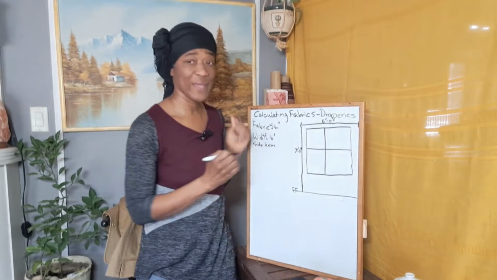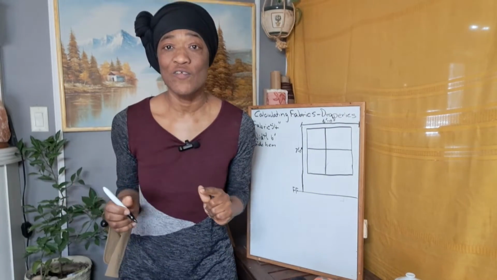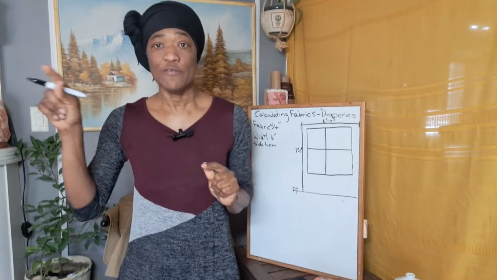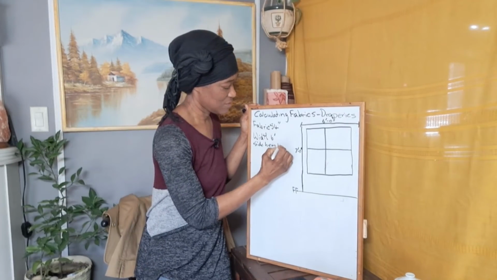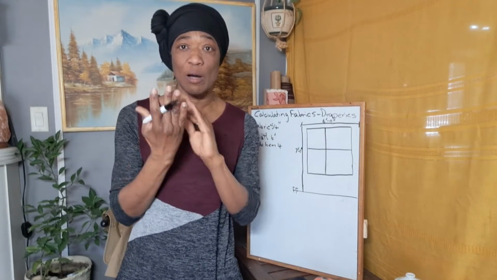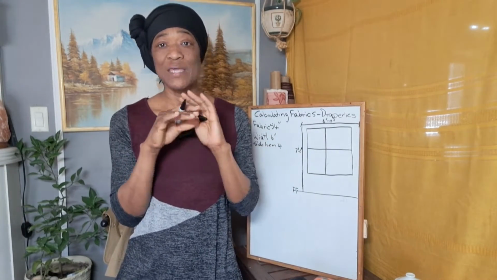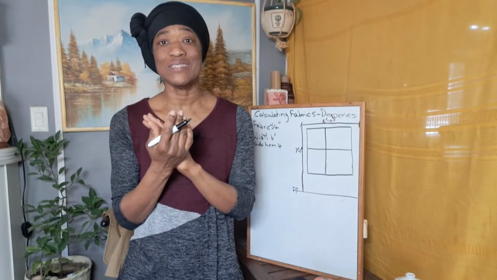And if you're making 2 panels, it means that you're going to have 1, 2, 3, 4 side hems. Now your side hems are usually doubled, and they can be 1 inch double hem or 2 inches double hem.